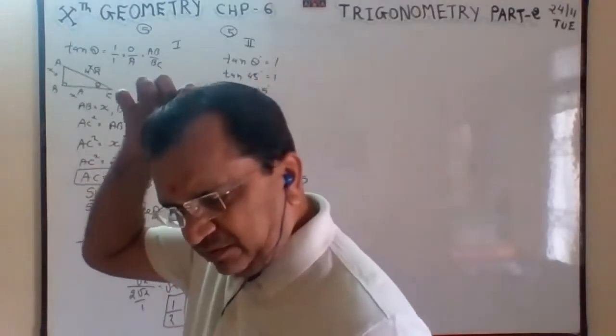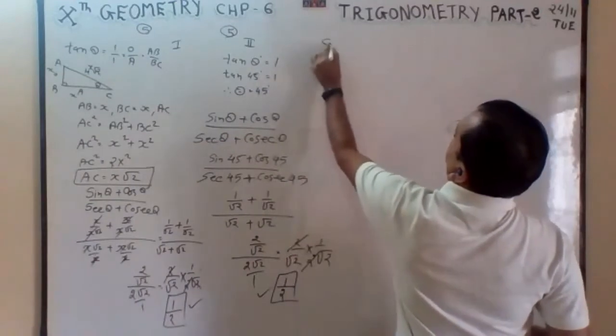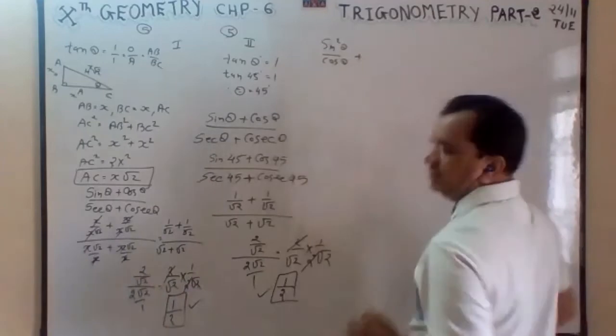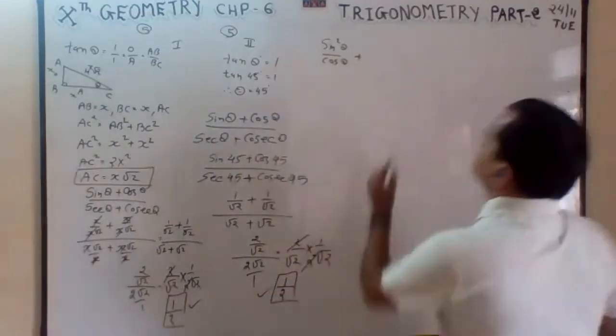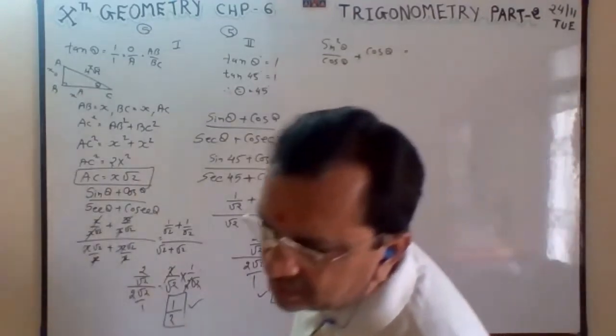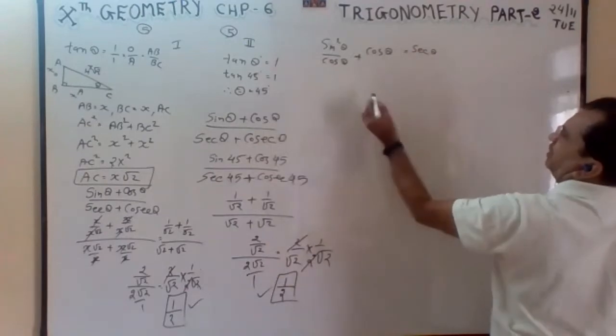Second topic: sin square theta by cos theta plus cos theta is equal to sec theta. This we have to prove.